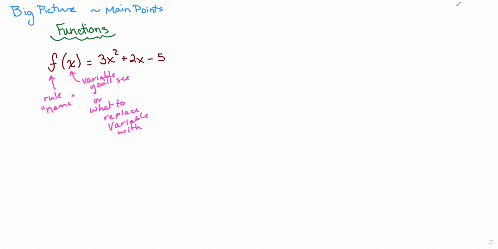But function notation means I have a name or a rule, and I have what I'm going to replace the variable with in parentheses after it. It does not mean multiplication. So make sure that you know what is function notation and then what is arithmetic or working with variables.